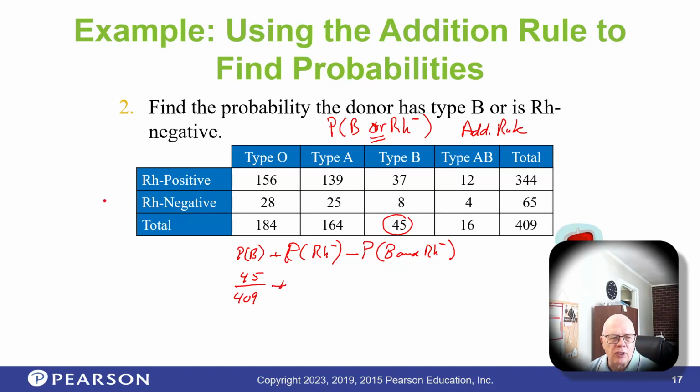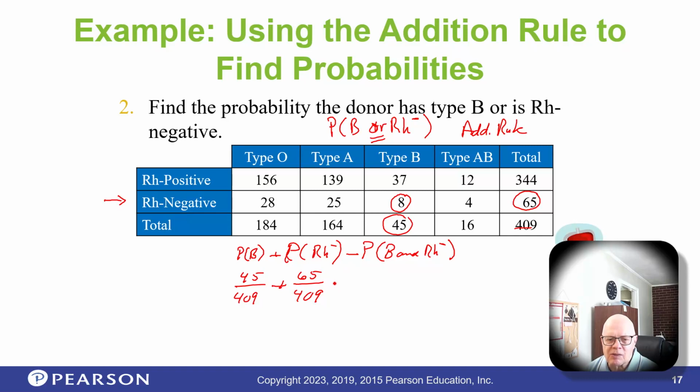Well, we have to go to this line. There's 65 that are RH negative out of 409, so 65 out of 409. But notice that we've added this 8 in twice.